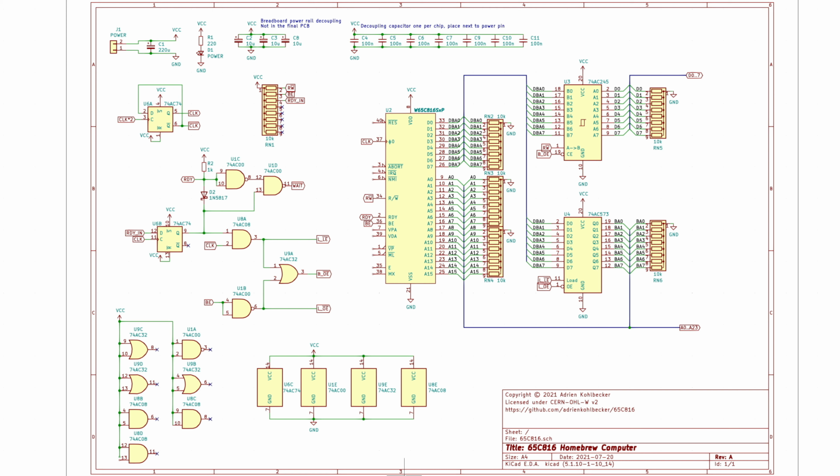Okay, so this should be everything. Let's move on to implementing this on the breadboard.